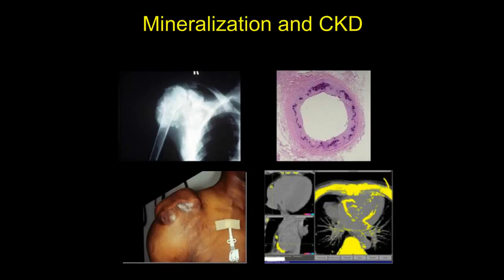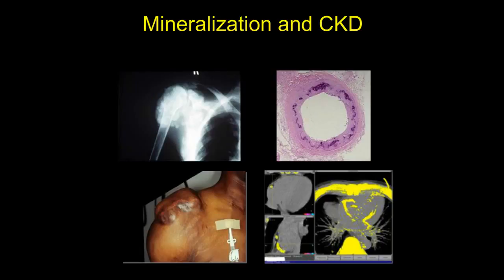You can see this arteriole where we have massive medial calcification within this artery, very common. These patients are a bit different from what we see with hypercholesterolemia and calcium plaques in the cholesterol, whereas here you have actual calcium laid down within the medial aspect of the vessel.